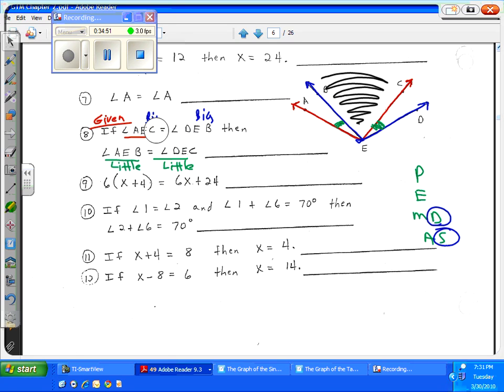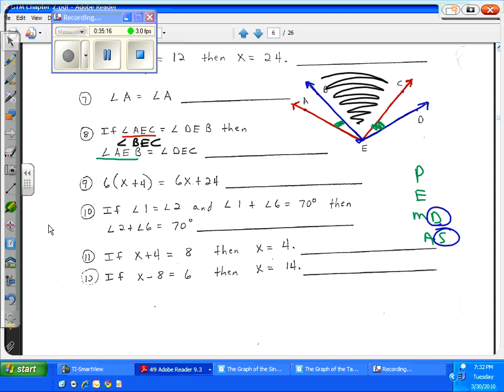So if from this red angle AEC, I took away that black angle BEC, I would end up with the little green angle, angle AEB.